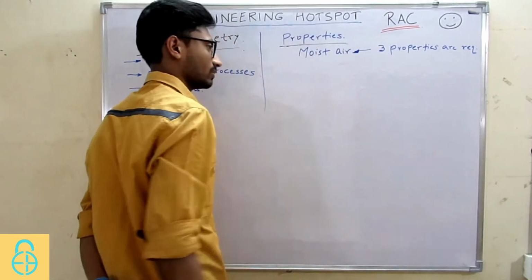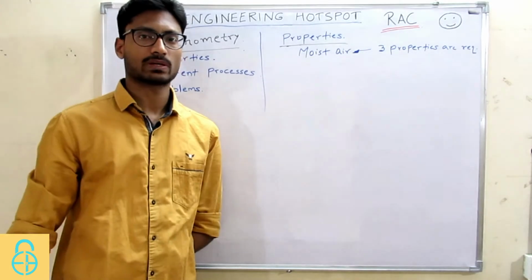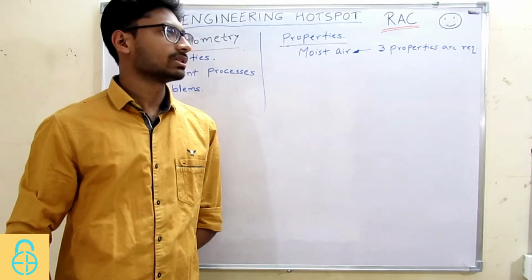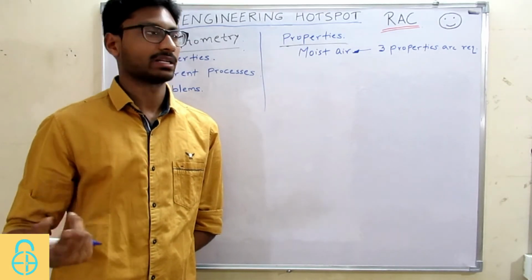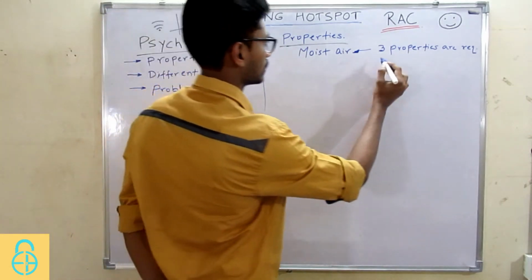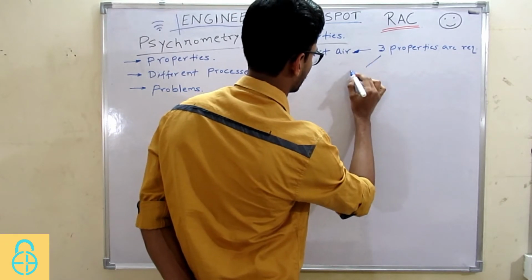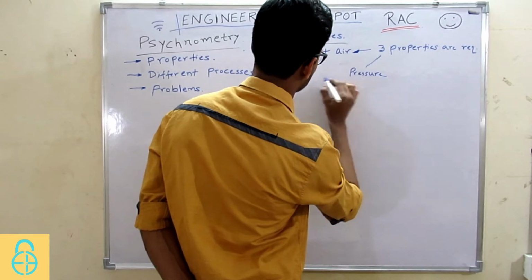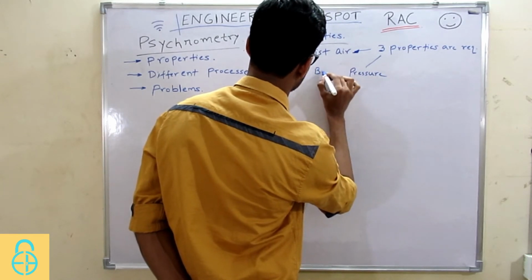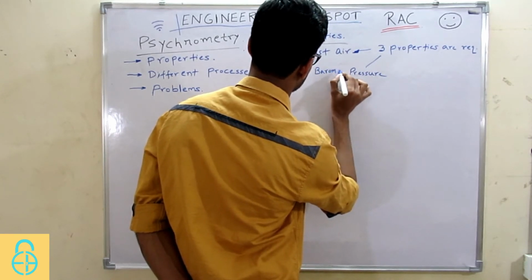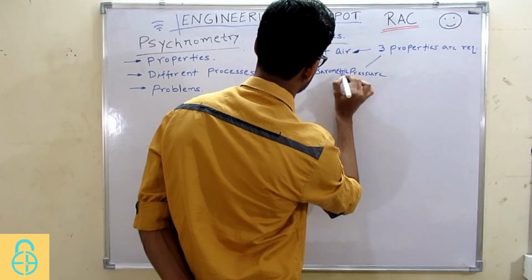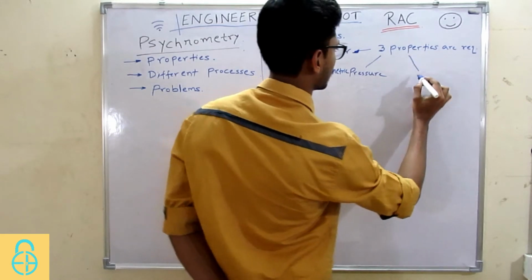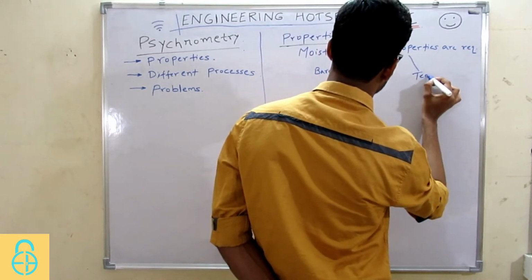As you know, the properties we deal with in all subjects are pressure and temperature. So here also it's the same. We will take pressure as one, basically barometric pressure, and the second will be temperature.